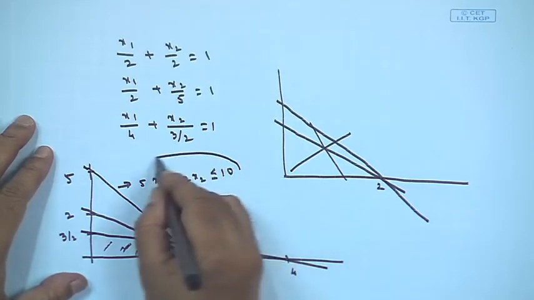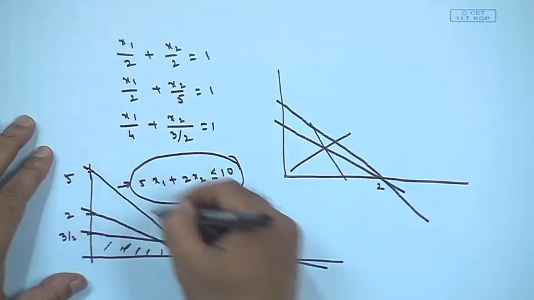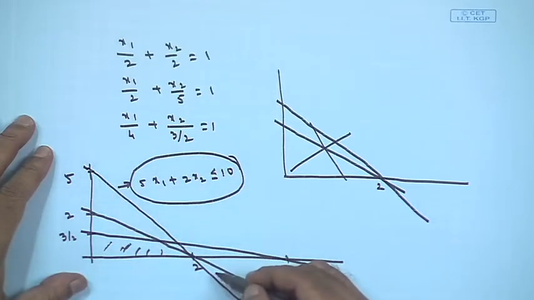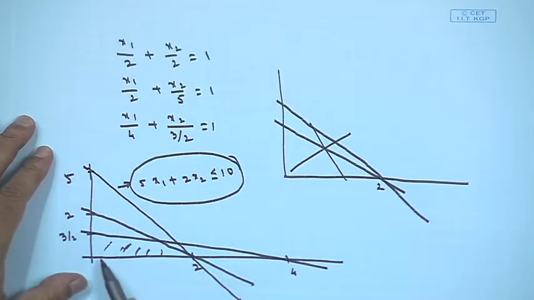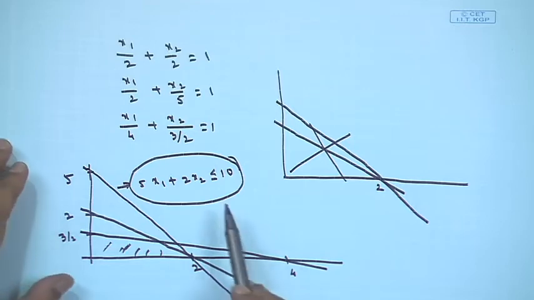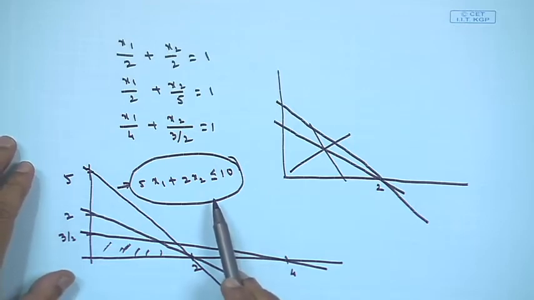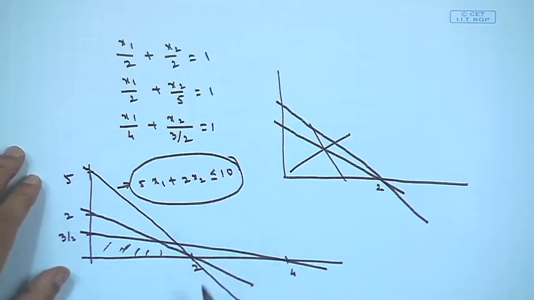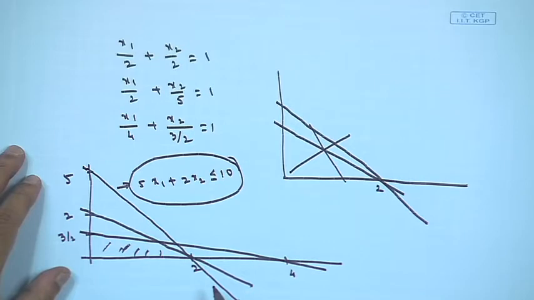And this one is redundant, because if I do not write this down, your feasible region will remain the same, the characteristics of the problem remain the same. So, this constraint is the redundant constraint, and due to this redundant constraint only, degeneracy occurred in the problem.